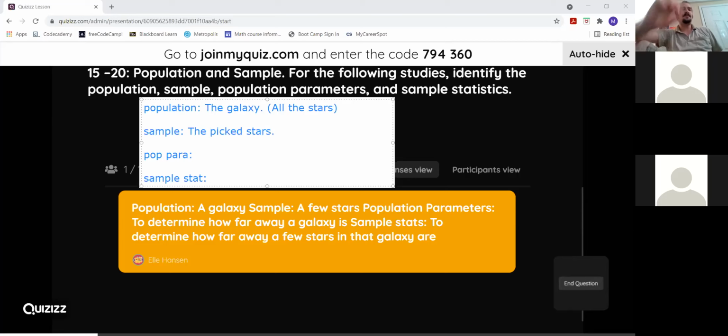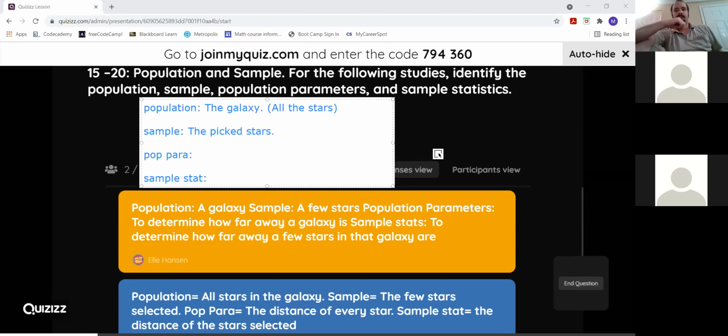And so what is my sample statistic? What does the thing actually go and measure and get? Yeah, so this is the thing I'm actually measuring, the distance to the stars picked.